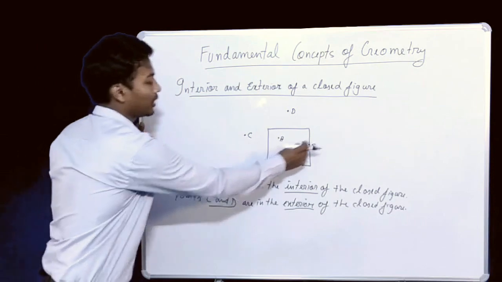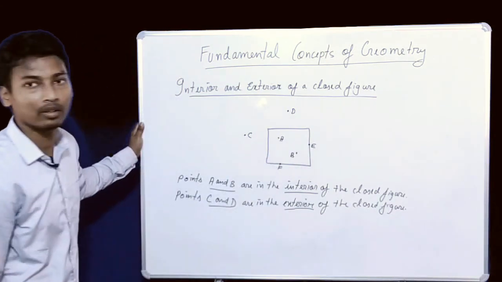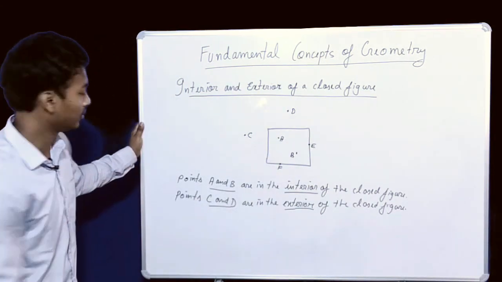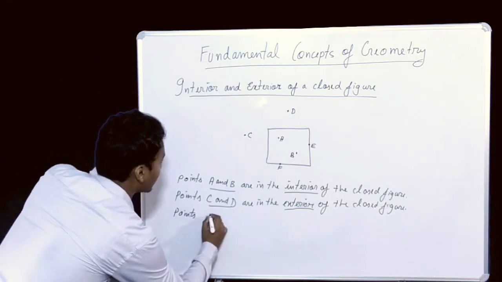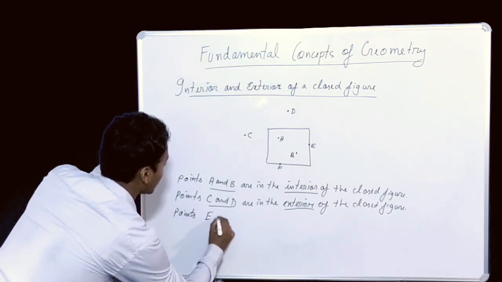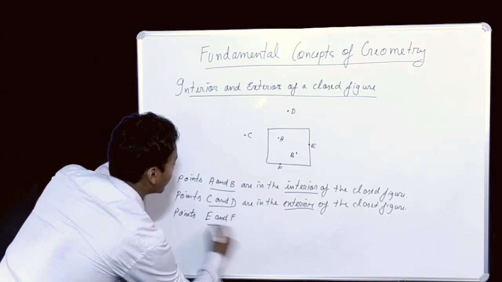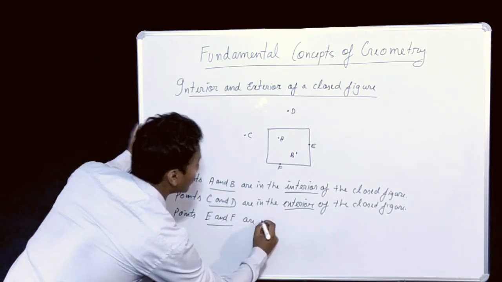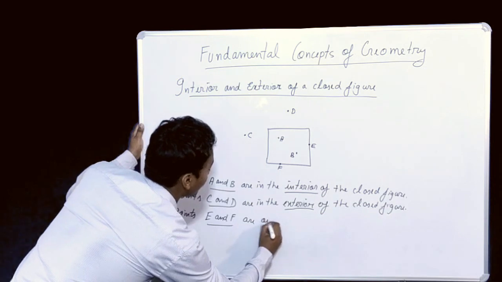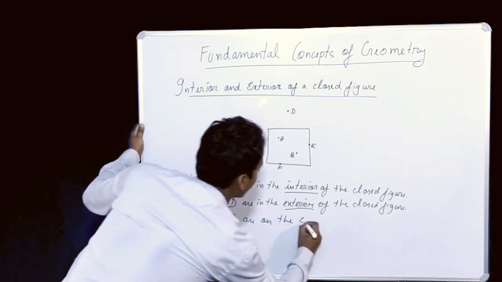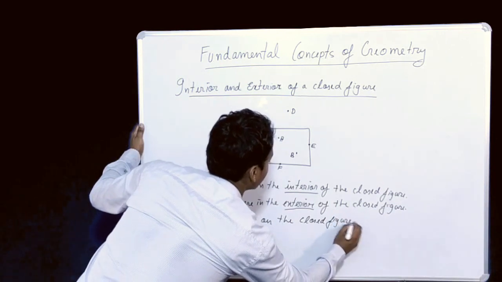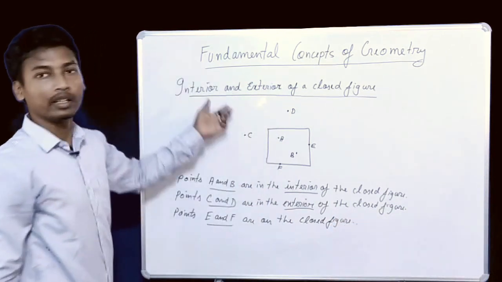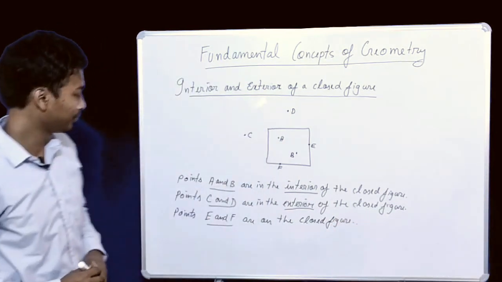We can call E and F as points being on the figure. So we can say points E and F are on the closed figure. They are neither in the interior nor in the exterior, okay?